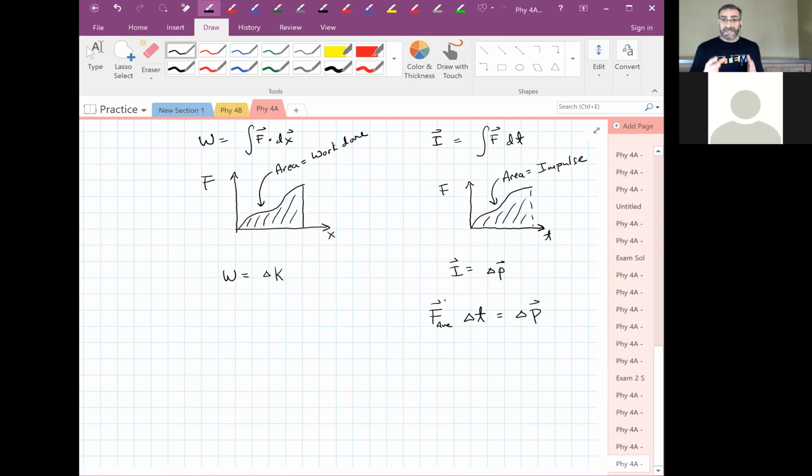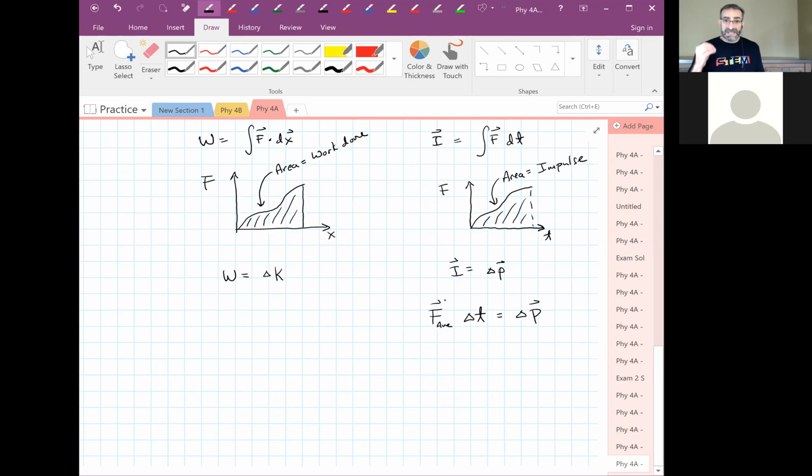Lots of times the change in momentum is fixed. For example, when you were driving down the freeway, you had a certain momentum, your car crashes into a wall, you have zero momentum. Your change in momentum is fixed. But we can change the average force acting on you by spreading out the time interval that force acts.